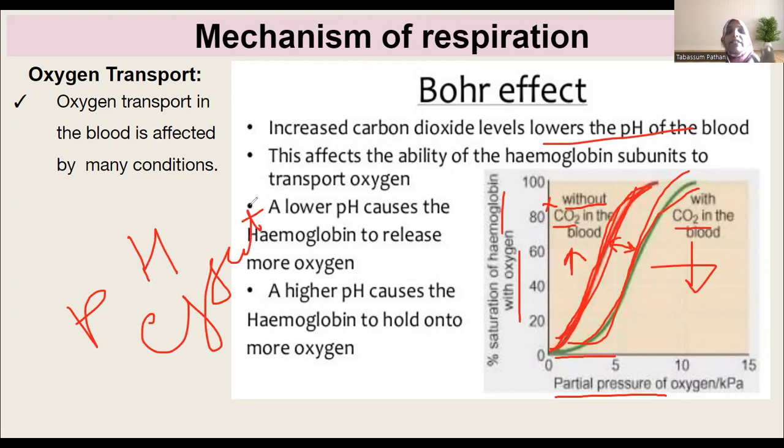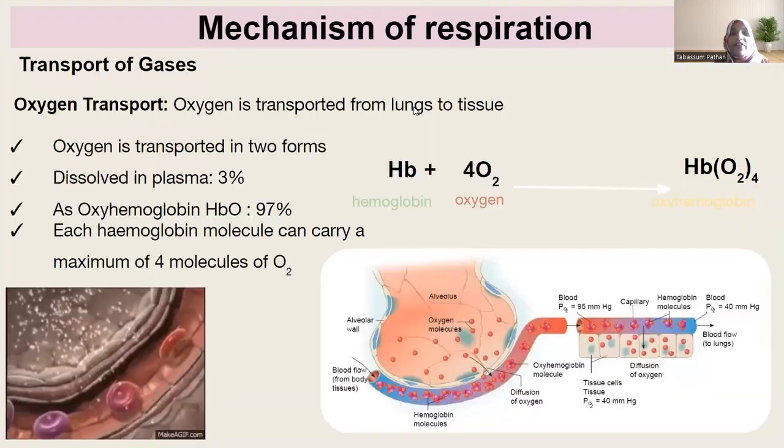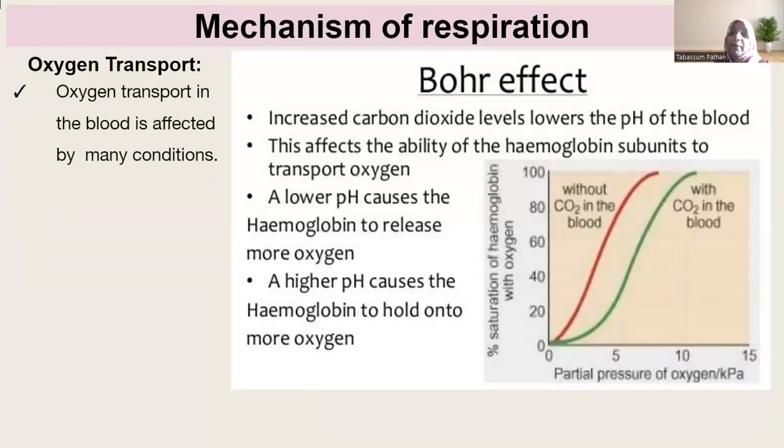This determines the binding of hemoglobin to oxygen. Hemoglobin is transported, as we saw, in two forms. The majority is the oxyhemoglobin form, and this formation will largely depend upon the pH of the blood, that is, the carbon dioxide level in the blood. So that's all about the oxygen transport.